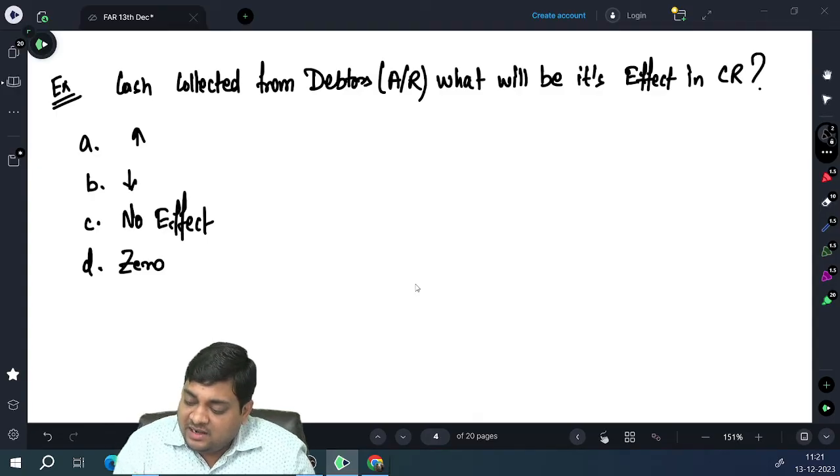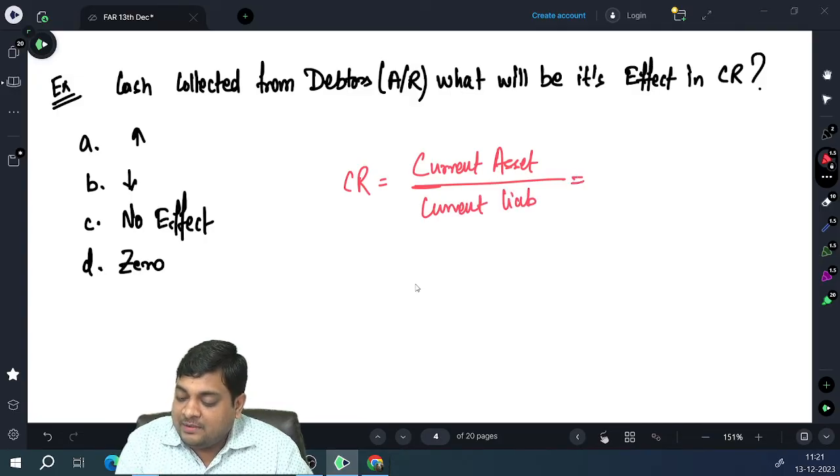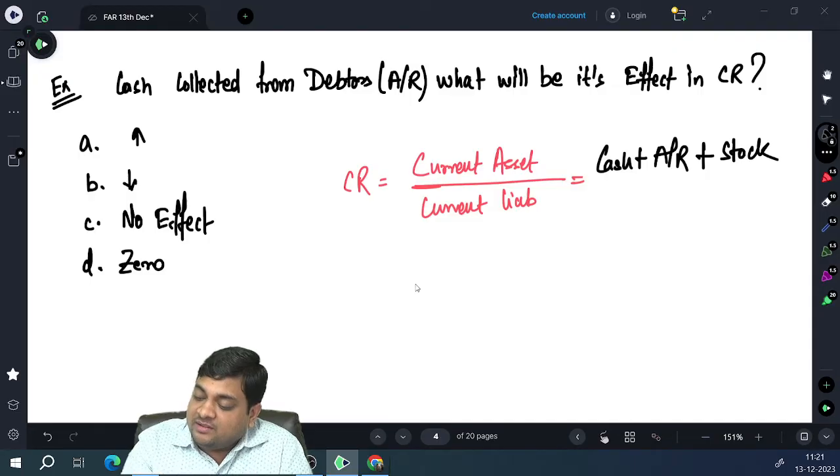Now, as we know, the current ratio is current assets by current liabilities. And when I talk about current assets, we have cash, accounts receivable, stock, inventory, by current liabilities.